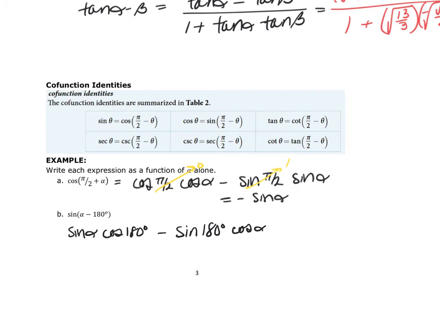We know that the sine of 180 degrees does go to 0, and the cosine of 180 degrees goes to negative 1. So this ends up becoming the negative sine of alpha. So you can use the cofunctions if it's nice, easy, straightforward. If you don't, the cofunctions come from the sum and difference of angles.